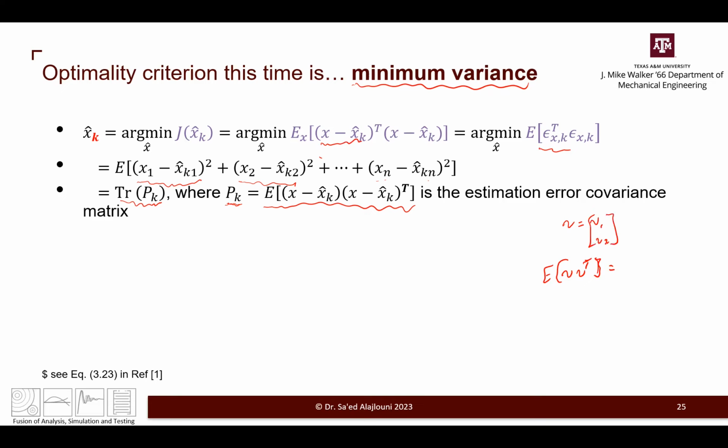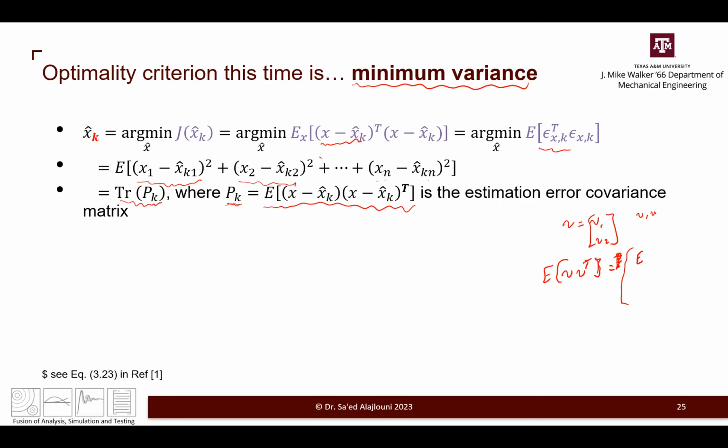This matrix is nothing but the expected value of v times v transpose, and if you expand this, you multiply v times v transpose.